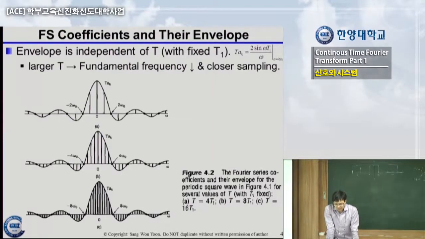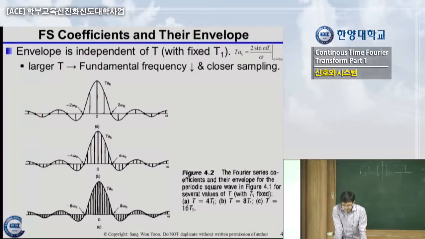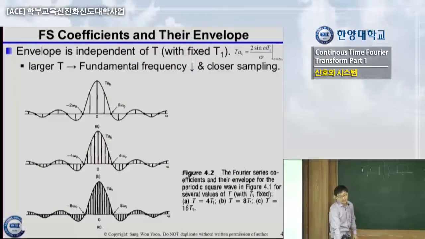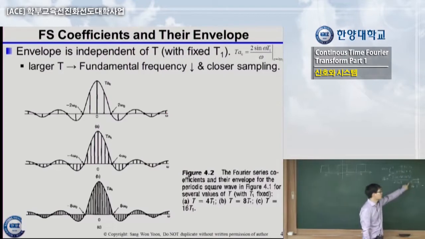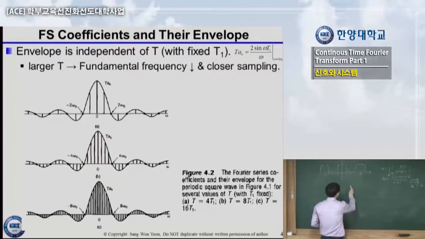So let's see how they look like. Before we move on, let's think about what's the meaning of this. What is the meaning of this? So let's say we have a frequency times k.